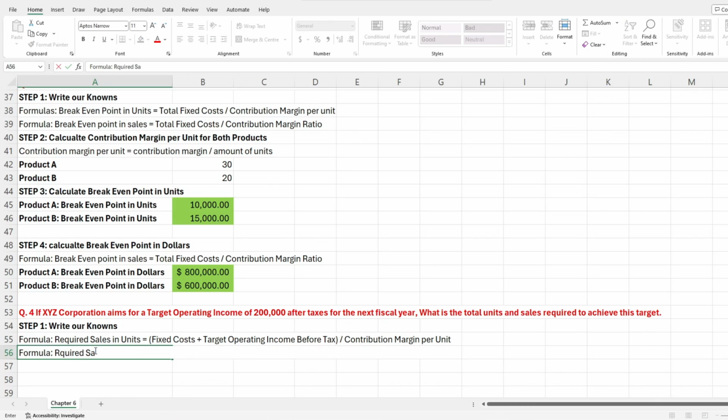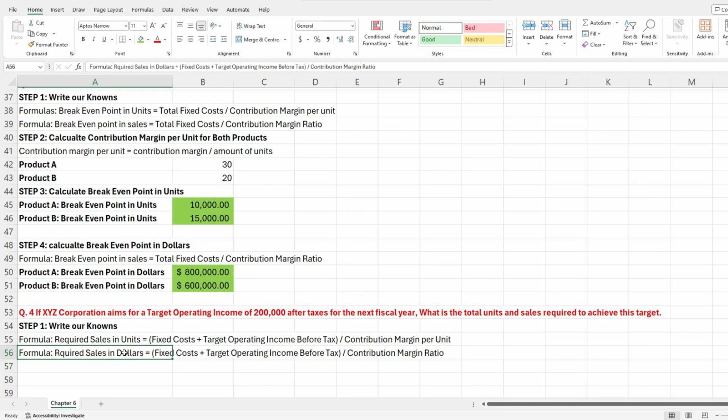So required sales in dollars. So it's the same part on the top. So fixed cost plus target operating income before taxes. But our denominator, this contribution margin ratio is what we're going to be using. Since we're working with dollars, we're going to be using the ratio.